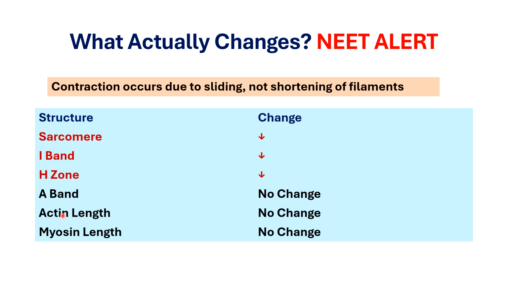And the length of actin molecule and the myosin length also remains intact. It does not change. Very, very important. I hope you are now clear with this. So we covered the most important part of the movement and locomotion chapter today, that is the sliding filament theory.